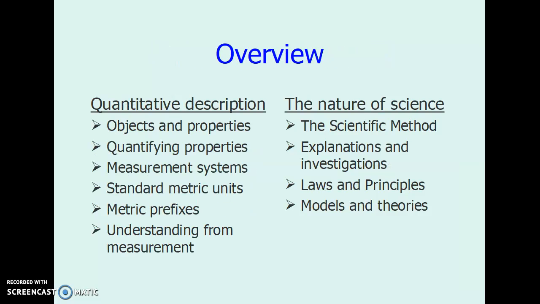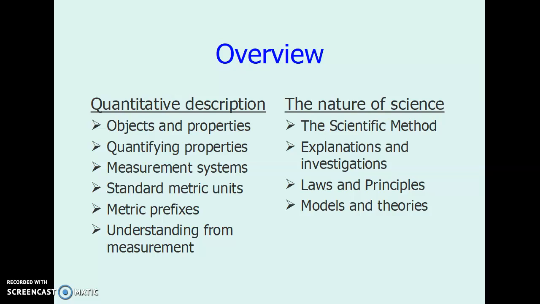Here's an overview. We're going to look at objects and their properties. We're going to quantify those properties and use measurement systems to make records of those properties. We will find out about metric units and the metric system, metric prefixes, and understanding what we are getting from our measurements.